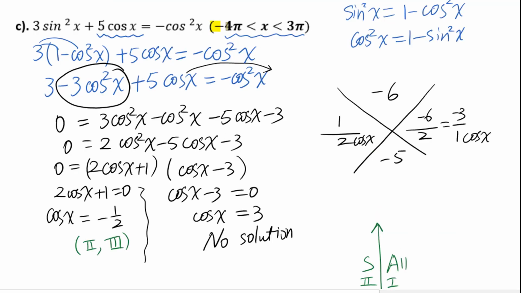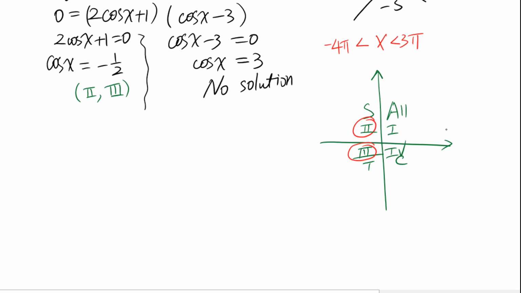Let's check domain. X greater than -4 pi, less than 3 pi. Let's do positive first, from 0. This is pi, 2 pi, 3 pi. We start from 0, stop at 3 pi. For negative, this is 0.